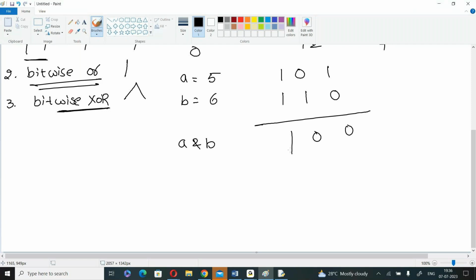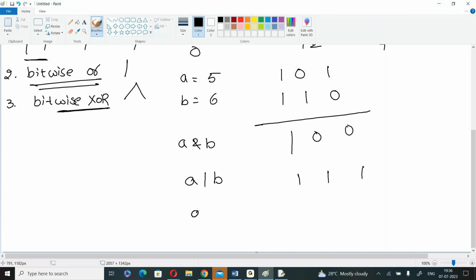You got it? If both are true, 1. In the remaining cases, 0. Then a OR b. Or means if at least one is true, the result is true.